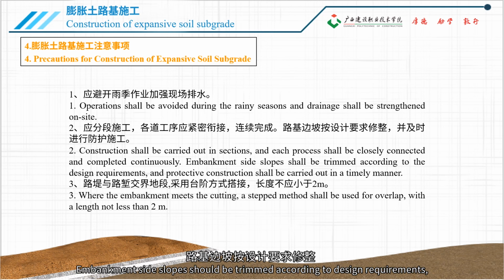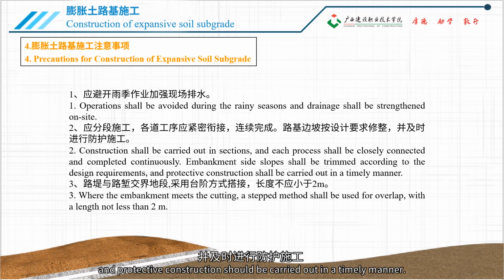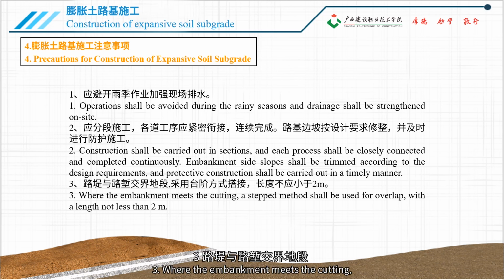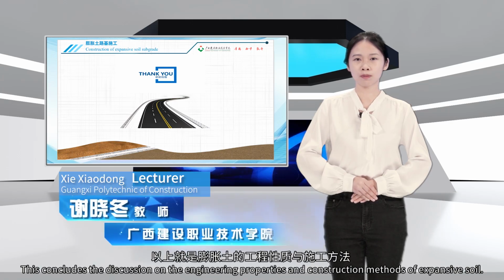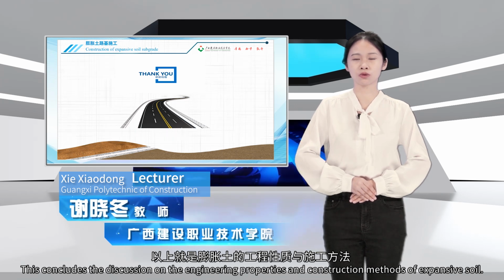Embankment side slopes should be trimmed according to design requirements, and protective construction should be carried out in a timely manner. 3. Where the embankment meets the cutting, a stepped method should be used for overlap, with a length not less than 2 meters. This concludes the discussion on the engineering properties and construction methods of expansive soil.